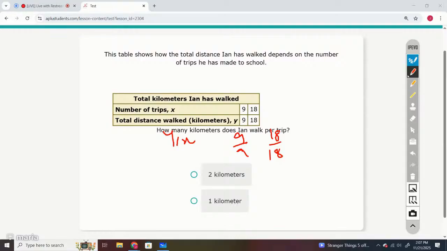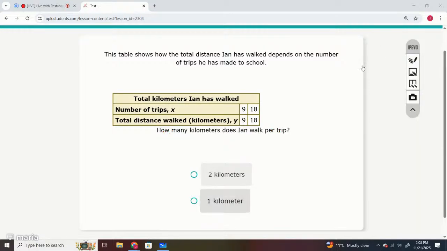So which is the correct option? Very good. That is 1 kilometer. Option number 2 is the correct option.